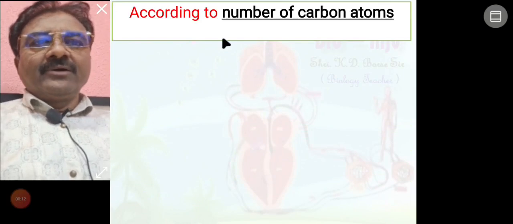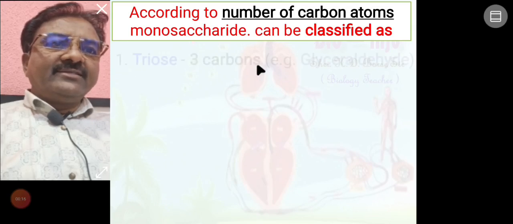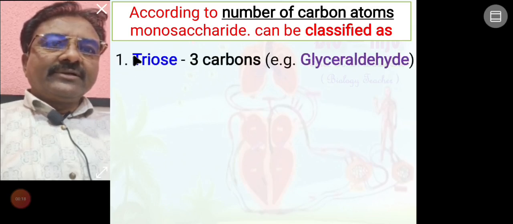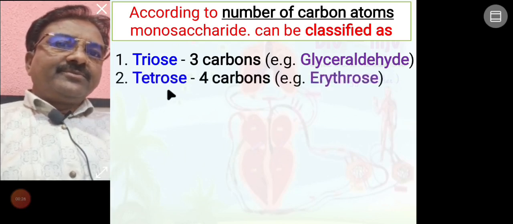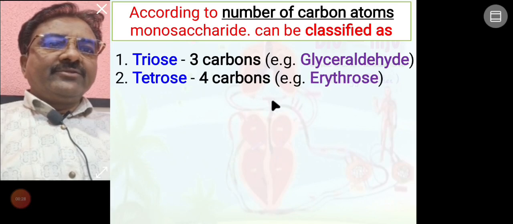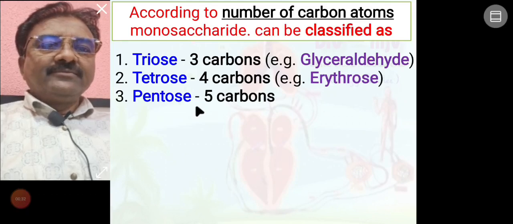According to the number of carbon atoms, monosaccharides can be classified as triose, a 3 carbon compound, glyceraldehyde; tetrose, a 4 carbon compound, erythrose; pentose, a 5 carbon compound.